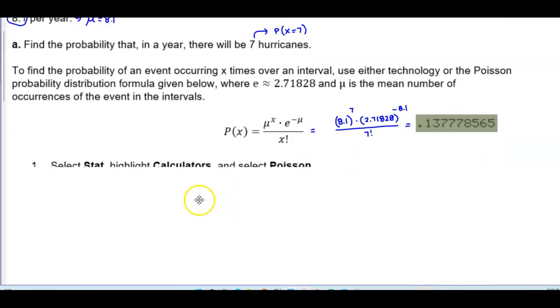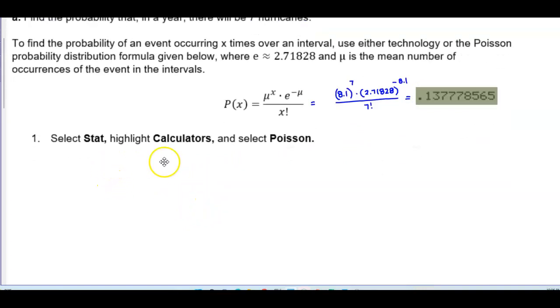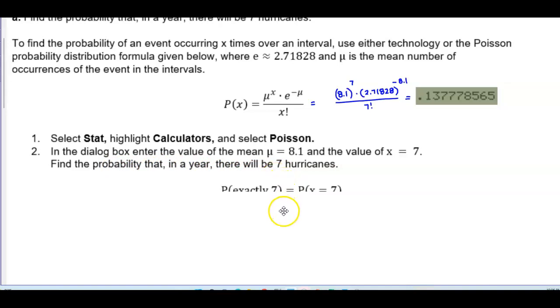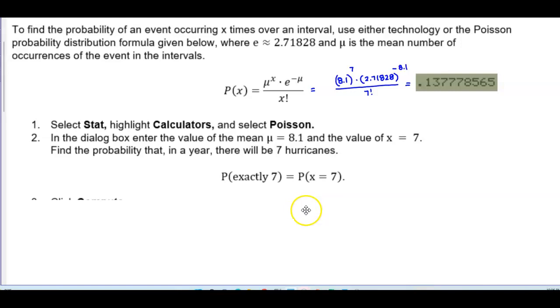Now, if we wanted to use StatCrunch, we would have to select Stat, highlight Calculators, and then select Poisson. And then in the dialog box, we're going to enter the value of the mean, which is equal to 8.1, and then we're going to put in the value of x, which is equal to 7. And again, what we want to do is find the probability that in a year there will be 7 hurricanes. So the probability of exactly 7 is equal to the probability of x is equal to 7, and then we're going to select compute.